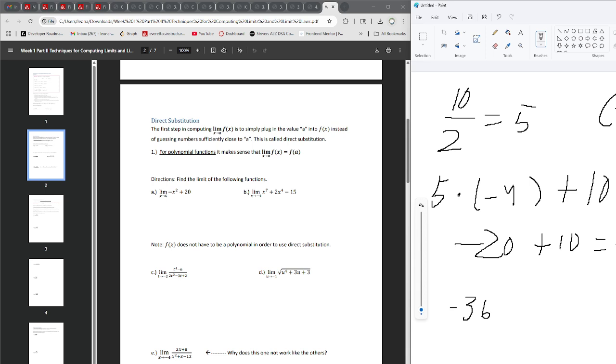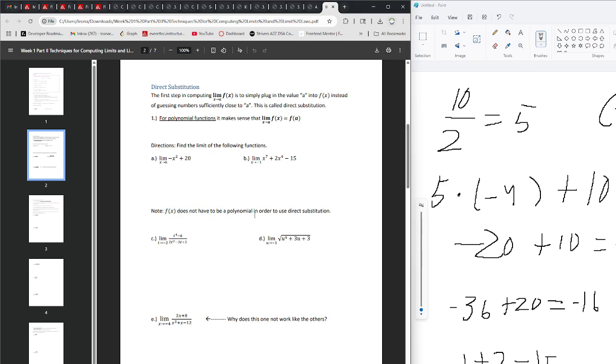You square it and then it's negative, PEMDAS. So minus 36 plus 20, I want to say that's negative 16, and this thing is negative 1. This is an odd degree, so that's just negative 1 plus 2 minus 15. I'm not doing that. You guys can do that.